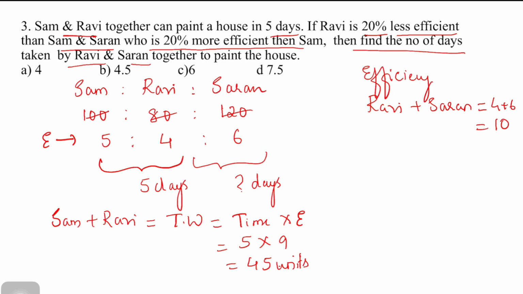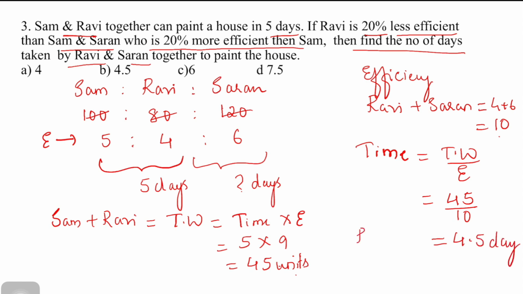So we got total work and we know total efficiency, so we can find out the total time. Time taken by Ravi and Saran is equal to total work divided by efficiency. Total work is 45 units and efficiency of Ravi and Saran is 10. So it is 45 by 10, which is equal to 4.5 days. Therefore Ravi and Saran will take 4.5 days to paint the house.